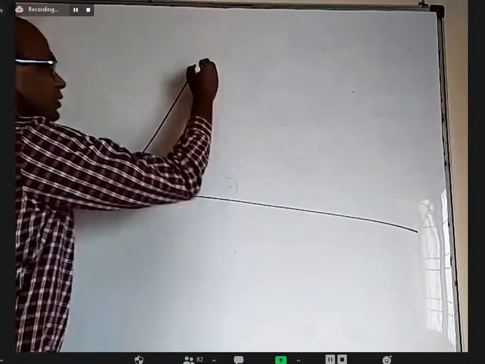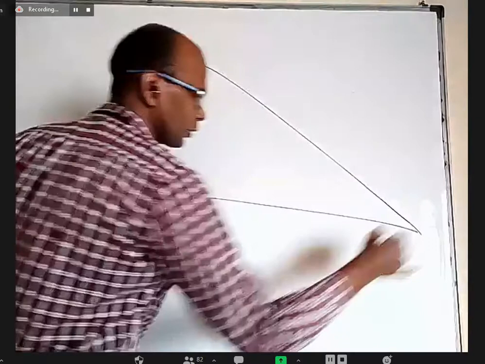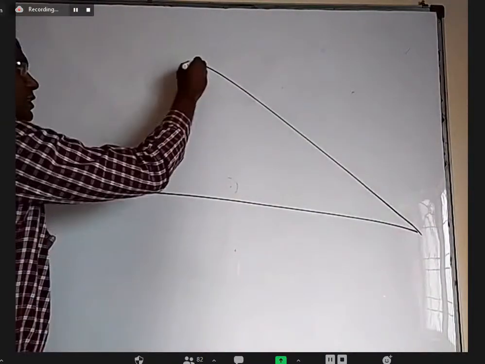So last class we discussed how to take any triangle, but usually try to draw a scalene one.